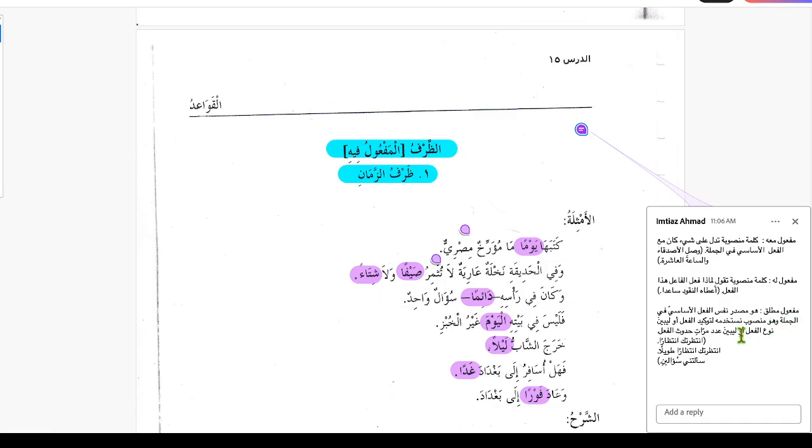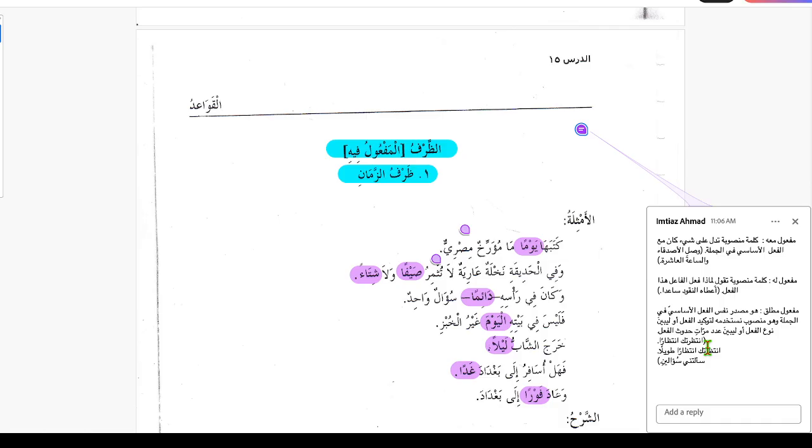So maf'ul mutlaq tells three things. The first thing is emphasis on the verb, or li yubayyina naw'al fi'li, or it tells the kind of the action. Aw li yubayyina adada marratin hadusi al fi'li, or the number of times the action happened.